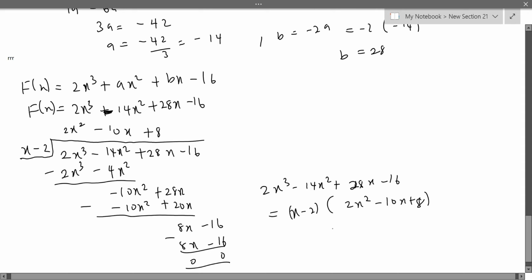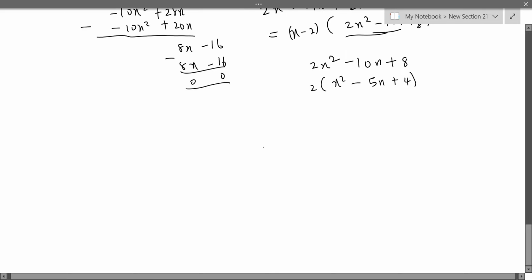So this expression, to get the other factors, we need to factorize this. So let's factorize that. You can factor out 2 since 2 is common. Then we need numbers that multiply to give you 4, and when you add them give you minus 5.